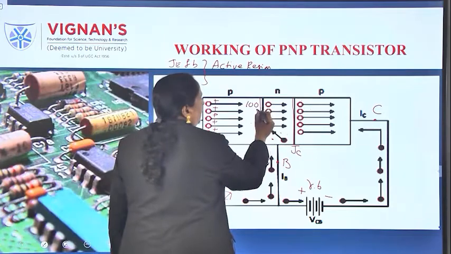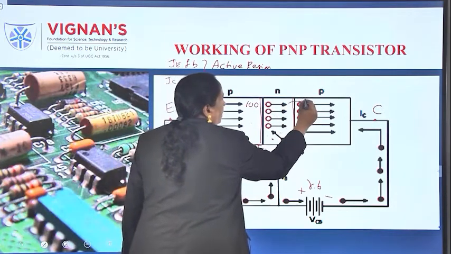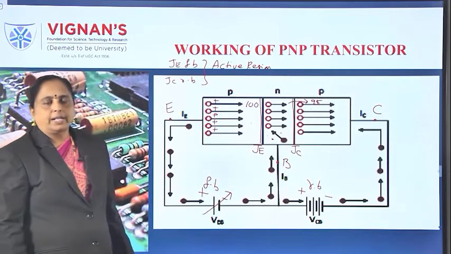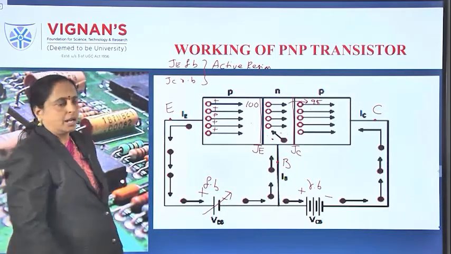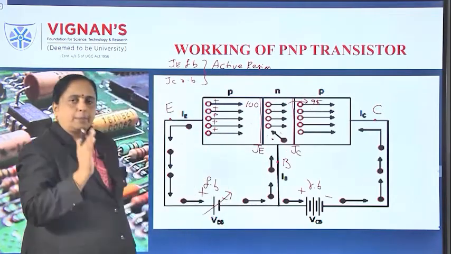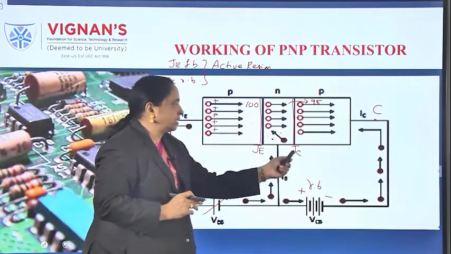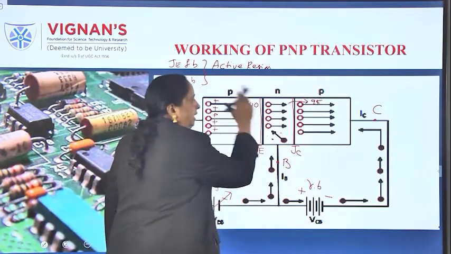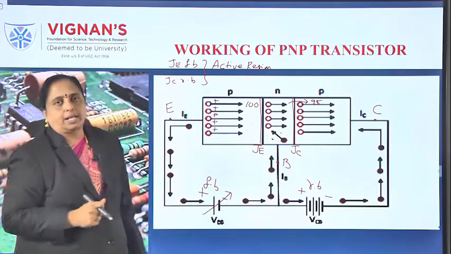After the recombination, nearly 95% or 98% of the holes will reach the collector. How are they crossing? The majority carriers do not have the capacity to cross the barrier, but once they enter the opposite region, they become minority carriers.